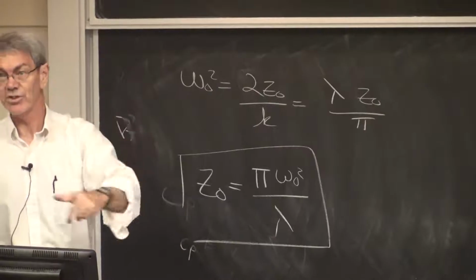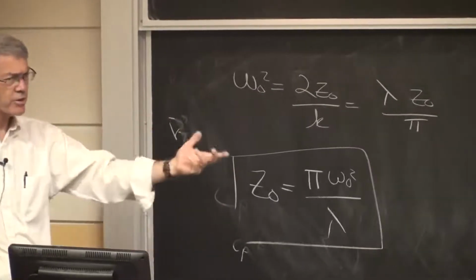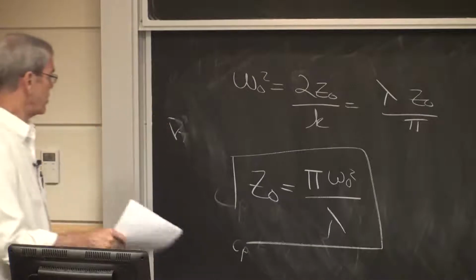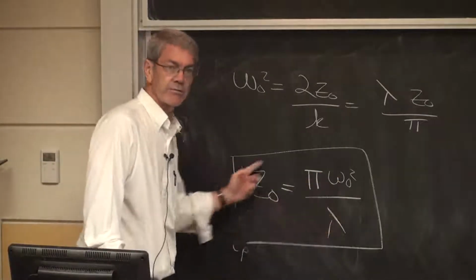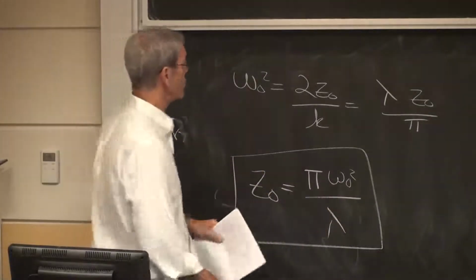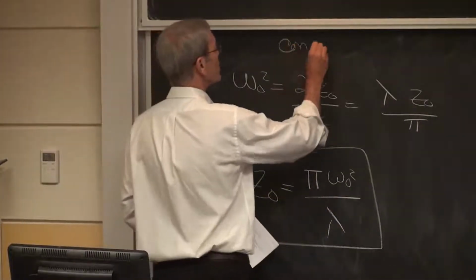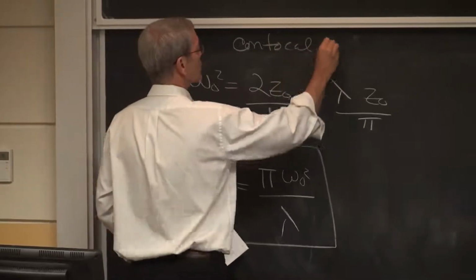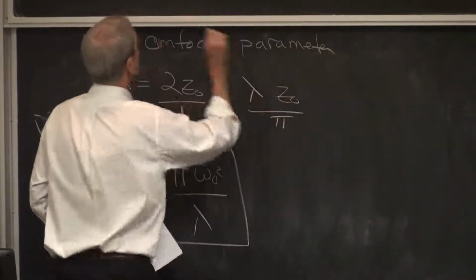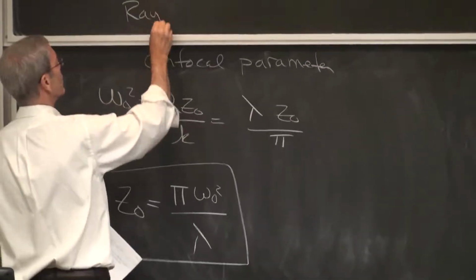And I'll tell you what z naught refers to. It's a characteristic length, obviously. We start looking at the beam, we'll see what it all means, but it's going to be a parameter which you're going to get to know and love. It's called the confocal parameter, or the Rayleigh range. I've seen both terms here. Confocal parameter. Or the Rayleigh range.